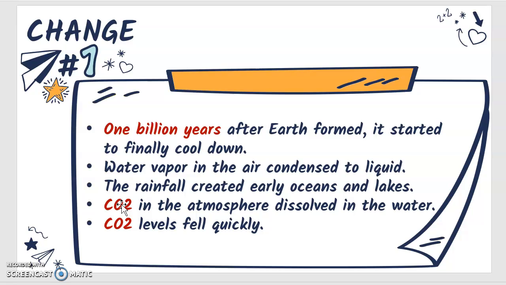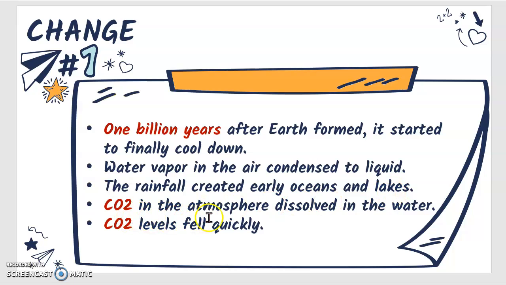One billion years after Earth formed, it finally started to cool down. And because of that cooling down, water vapor in the air condensed to liquid. The effect? Early oceans and lakes were created.